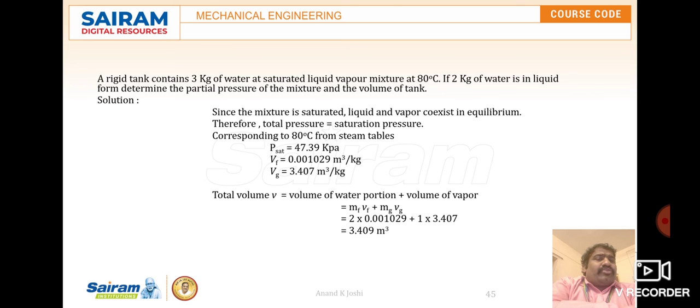In that case they may give the partial pressure, and you must be able to find out the volume. If they give only the temperature of the steam, we have to find out the pressure as well as the volume. So we can solve a problem like this. I hope you understood how to solve this kind of problem by looking at the steam table.